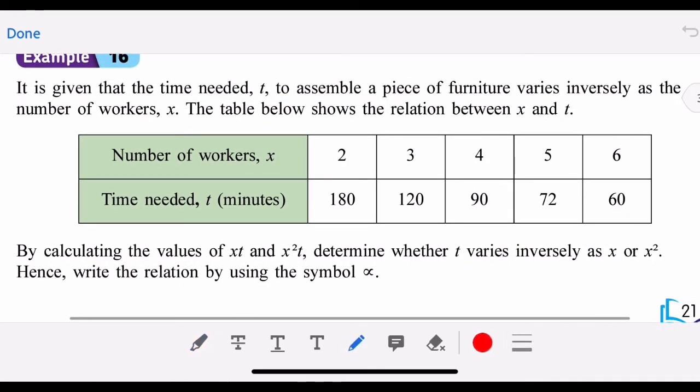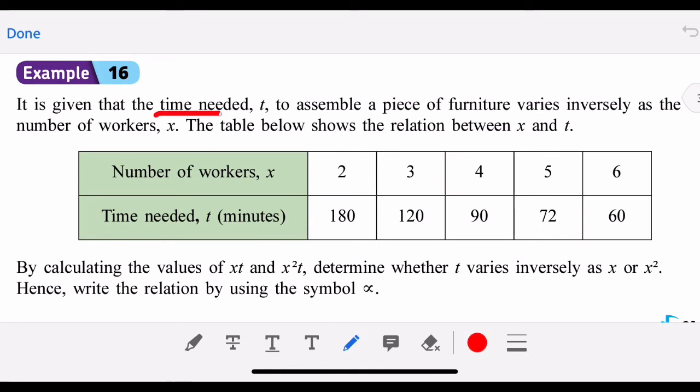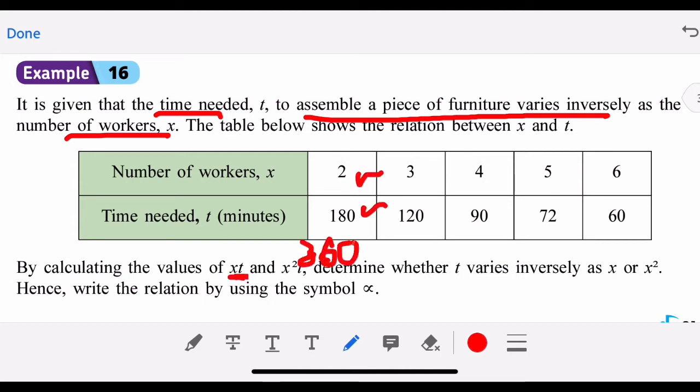So let's discuss example 16. It's given that the time needed to assemble a piece of furniture varies inversely as the number of workers x. The table below shows the relation between x and the time. By calculating the value of xt, we multiply 2 times 180, 360. Determine whether t varies inversely as x or x squared.